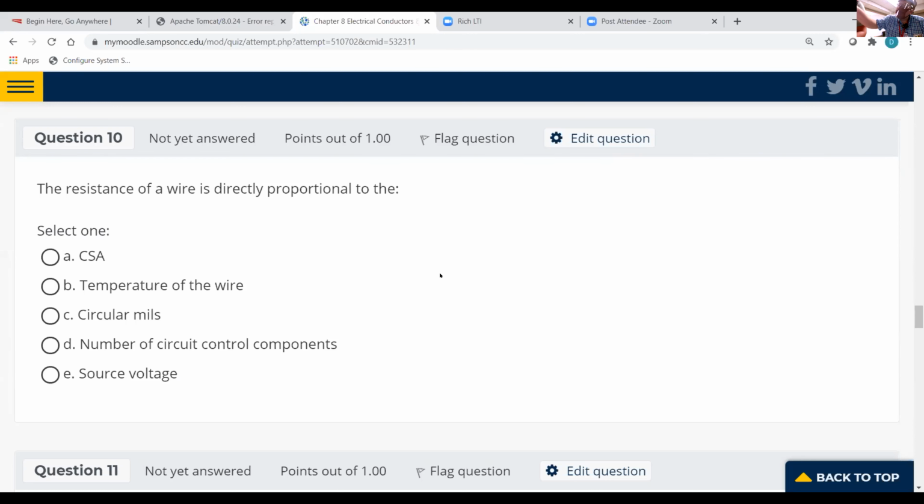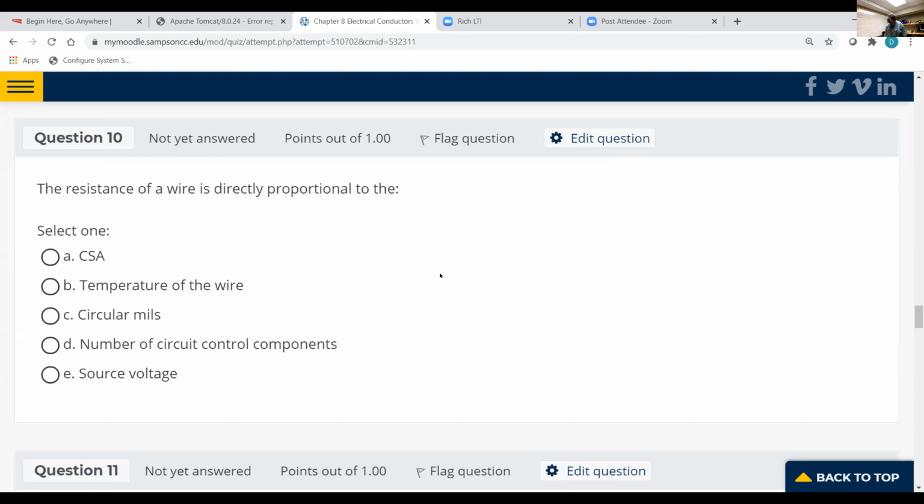If 1 mil equals 1,000th of an inch, and you got a diameter of 17 thousandths, how many mils is that? 17. And the 17 is what you square.